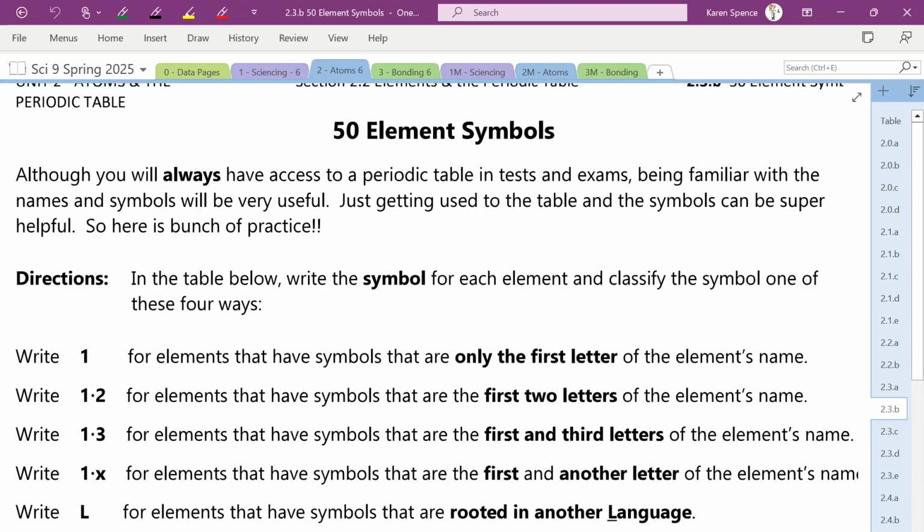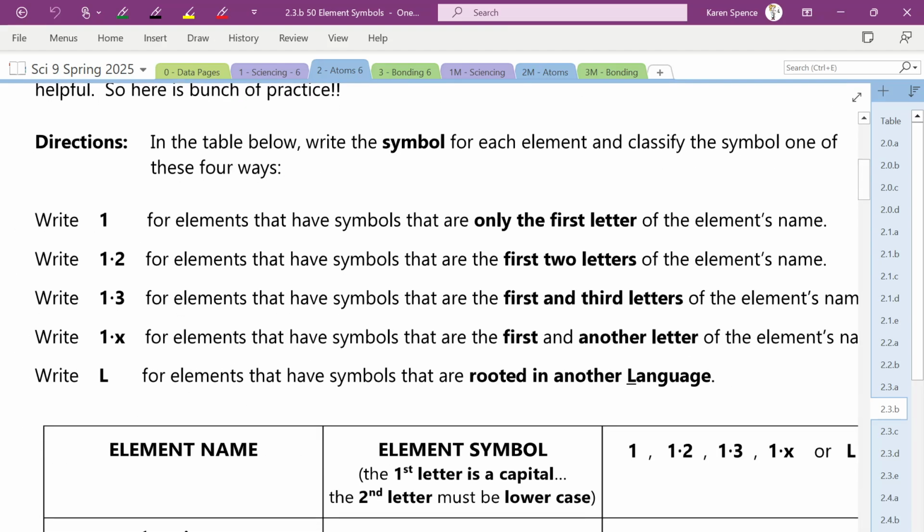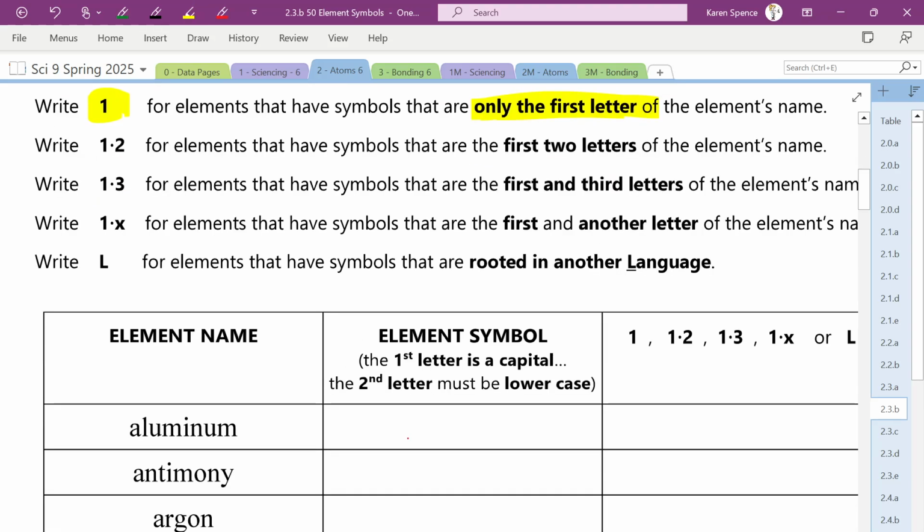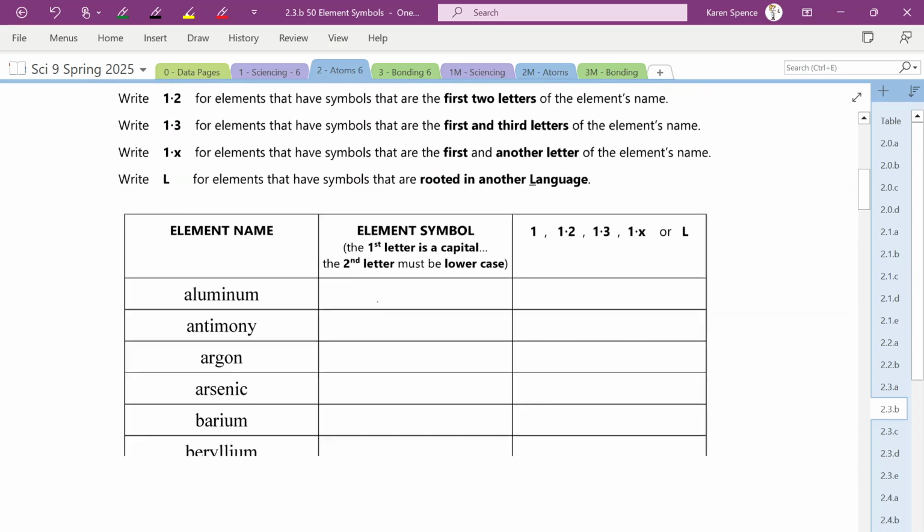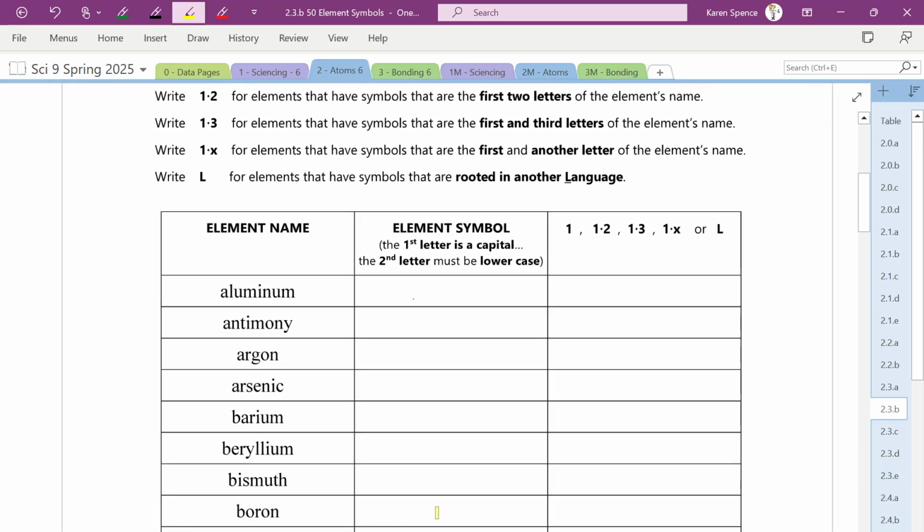What you're going to do is for each element, you are going to classify it as having one letter, means only the first letter. Okay, so if I was to look up, let's see, where's one? Oh, here's one. B, boron, is just letter one, the first letter. So we'll just write a 1.